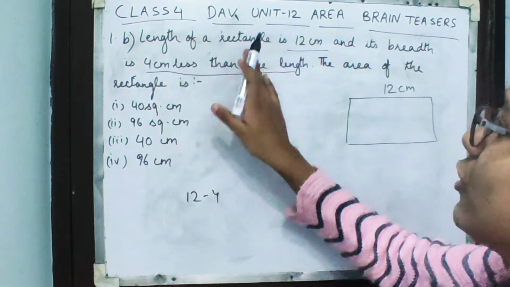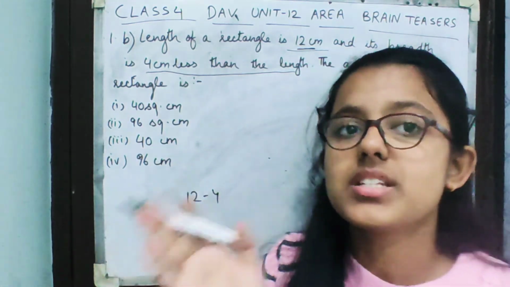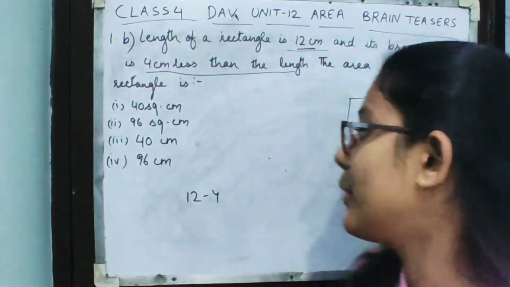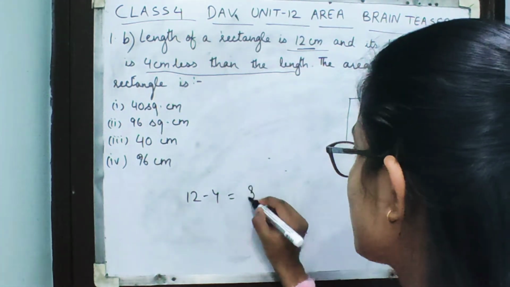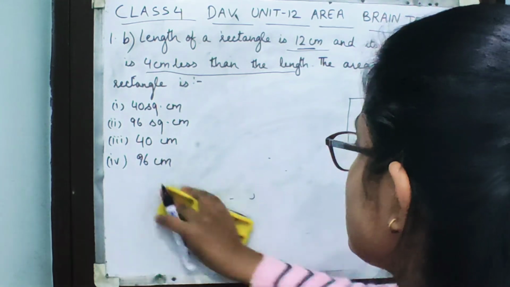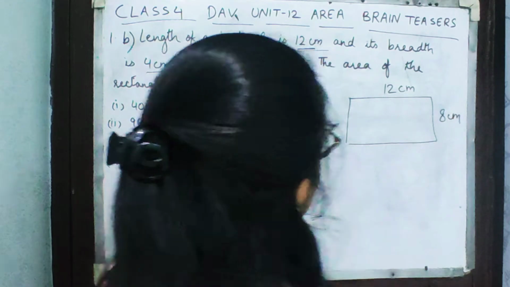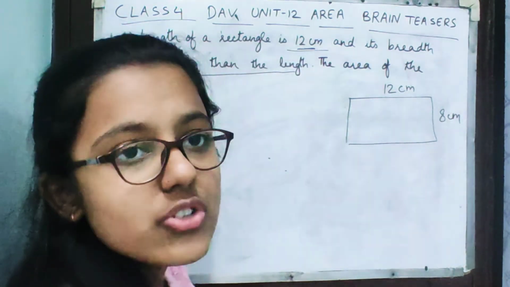The given length is 12 centimeter, so 12 centimeter minus 4 will be our breadth. 12 minus 4 is 8. So we are getting breadth as 8 centimeter. Now they have told us to find the area.